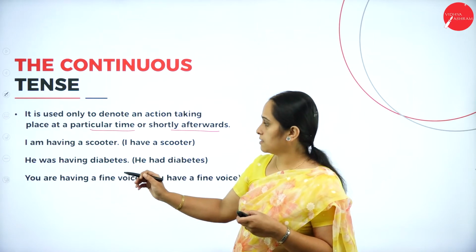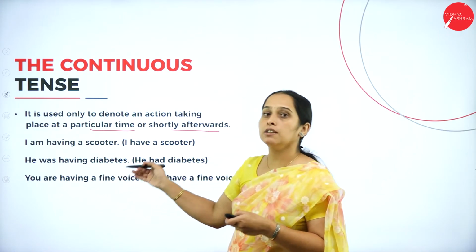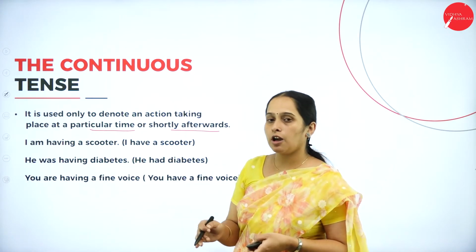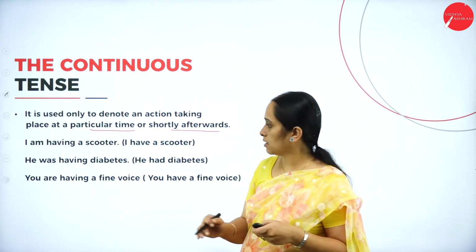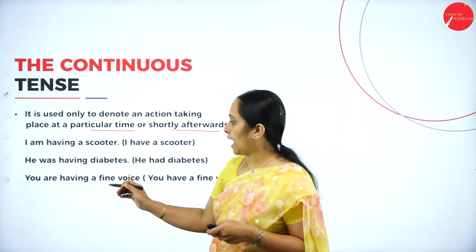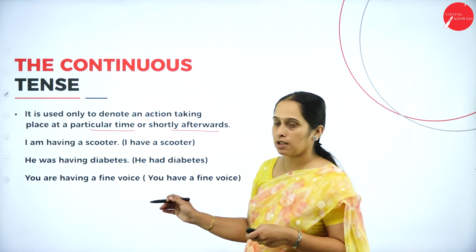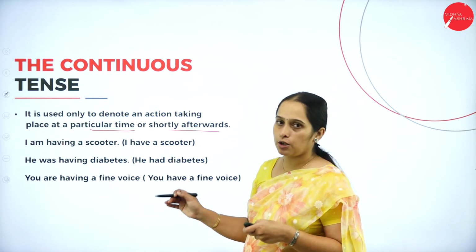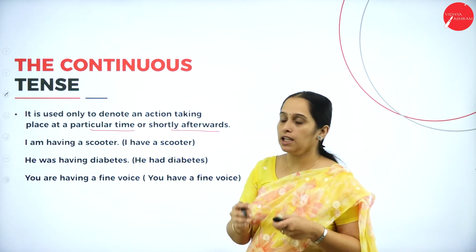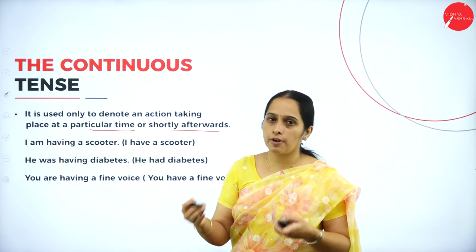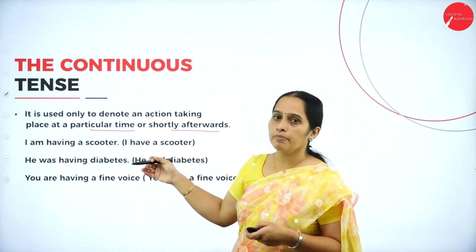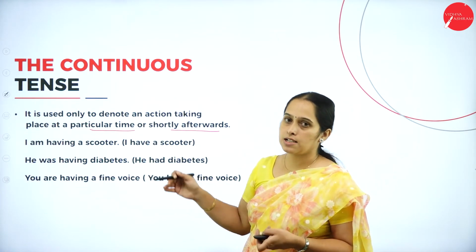Instead of he was having diabetes, you can use he had diabetes. Next sentence, you are having a fine voice. Here you can use you have a fine voice. No need of adding the ing form unnecessarily there.